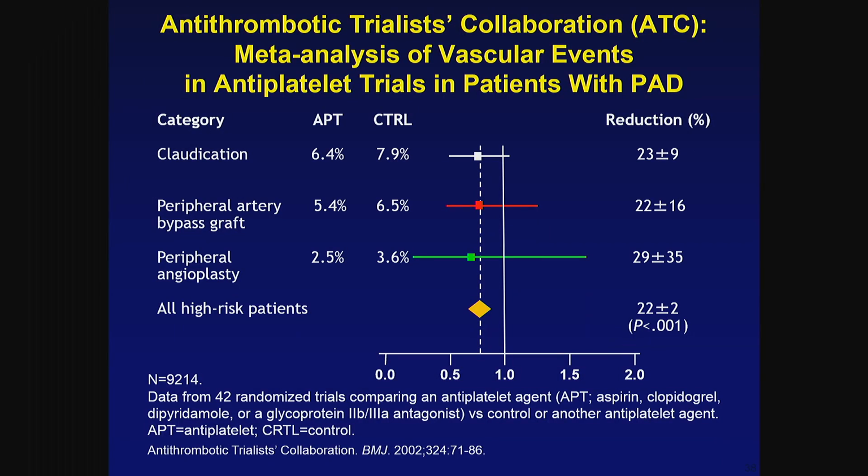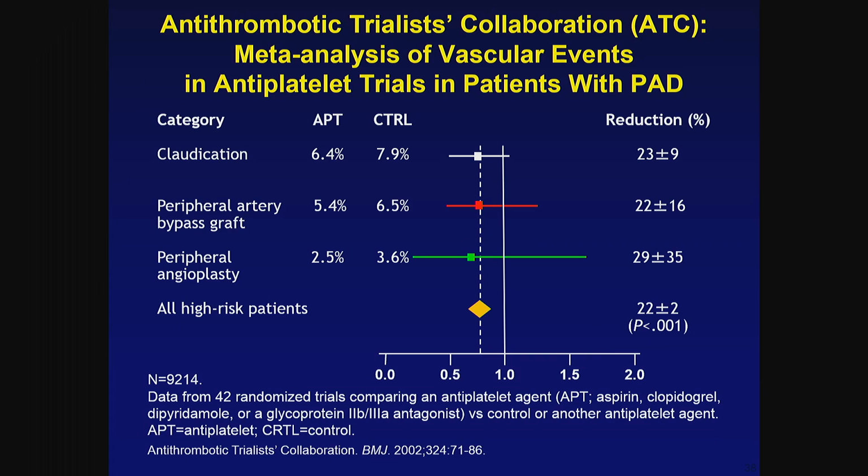The role of aspirin in managing patients with peripheral artery disease has for a long time been accepted. And every patient with an abnormal ABI, symptomatic or asymptomatic peripheral artery disease, was certainly treated with an antiplatelet agent.